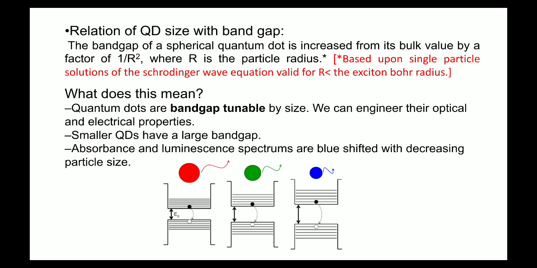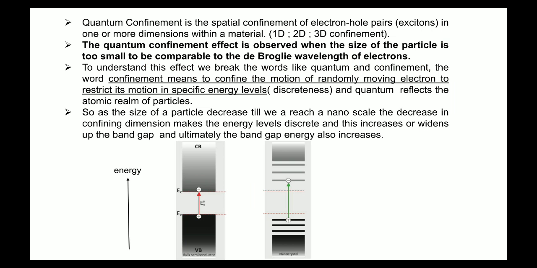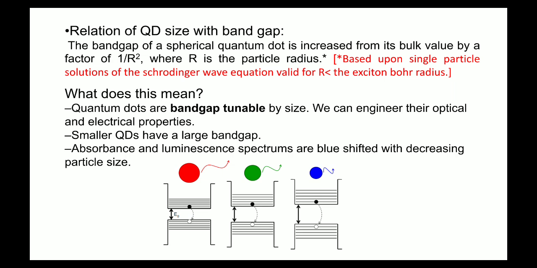That is an example of a zero dimensional material, which is also called a quantum dot. So is there any relation with the size of the quantum dot? As I showed in the last slide, a nanocrystal of semiconductor, especially a zero dimensional nanocrystal of semiconductor, is also called a quantum dot. Please keep that in mind.